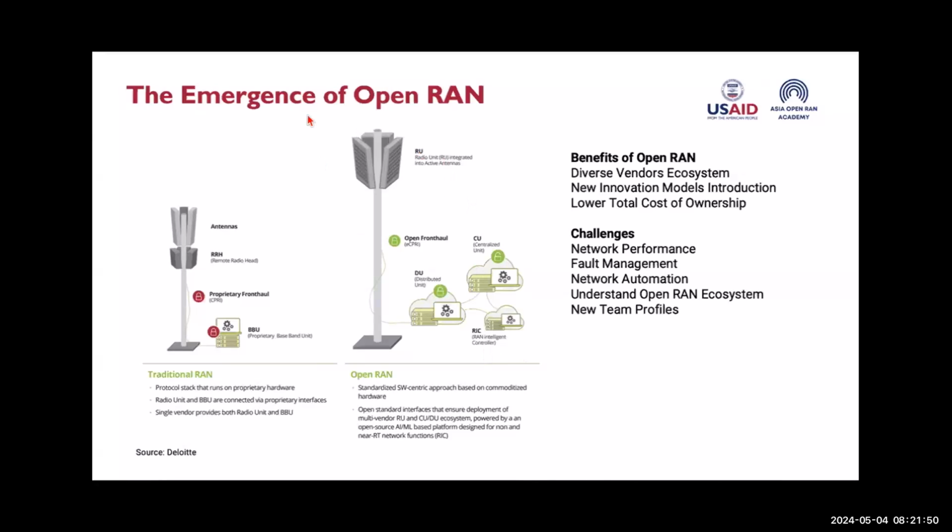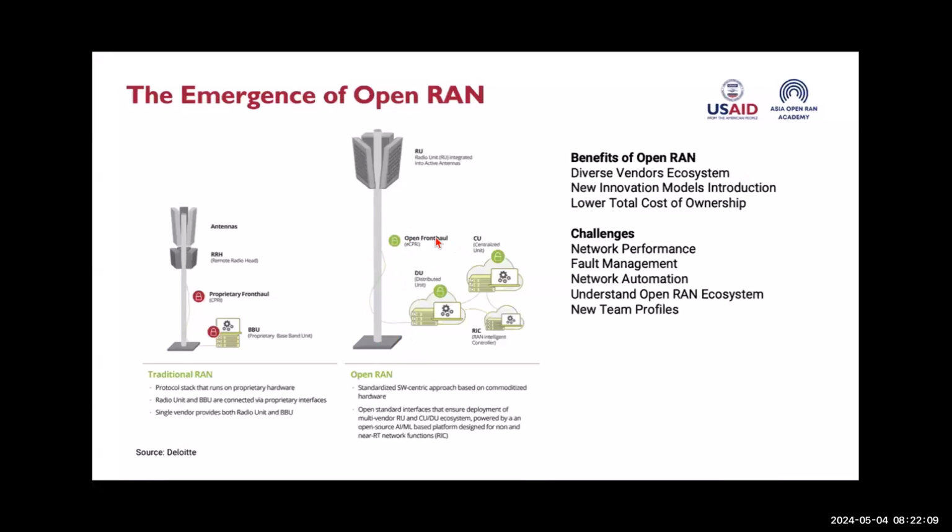If the system would be using massive MIMO, there will be an integrated RU and active antennas on site. The interface from this RU going to the DU is an open front haul.